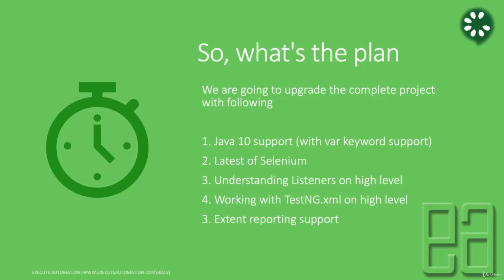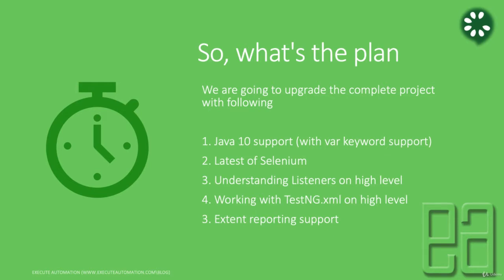So we are going to be upgrading the complete project with the following. We are going to include Java 10 support, which is almost the newest version of Java. Then we're going to upgrade to the latest Selenium, which is 3.14. Then we'll understand listeners at a high level because we need them for our reporting. We are also going to talk about the testng.xml file, where we are going to create some of our tests, and then we'll call the test runner.